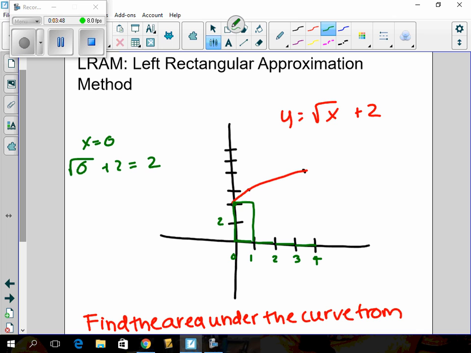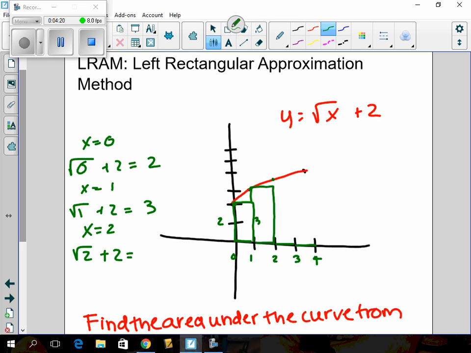So we go over to 1, again starting at the left hand. I'm going to plug in 1 for x. So x equals 1. I get the square root of 1 plus 2. That's just going to be 3. So this time my rectangle has a height of 3 and a width of 1. If I look at x equals 2, that's my next stopping point, again from the left-hand side. I'm going to plug in 2, so I get the square root of 2 plus 2.